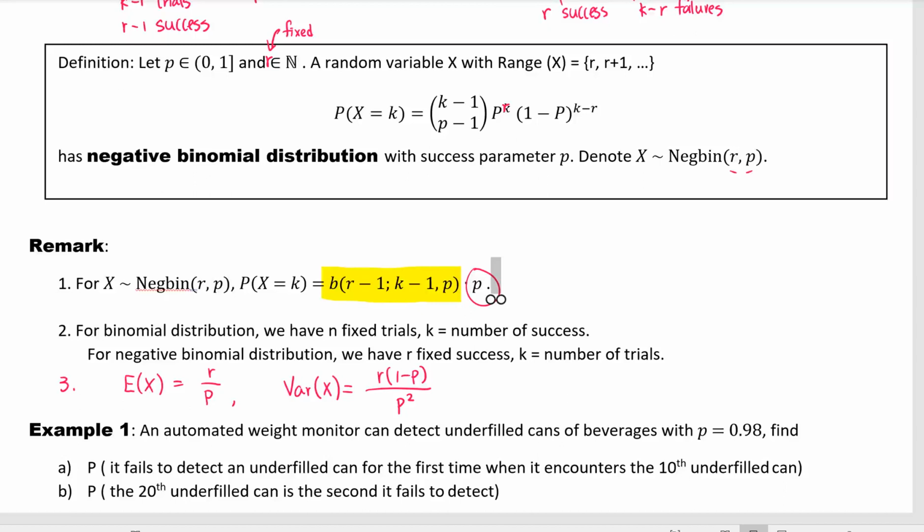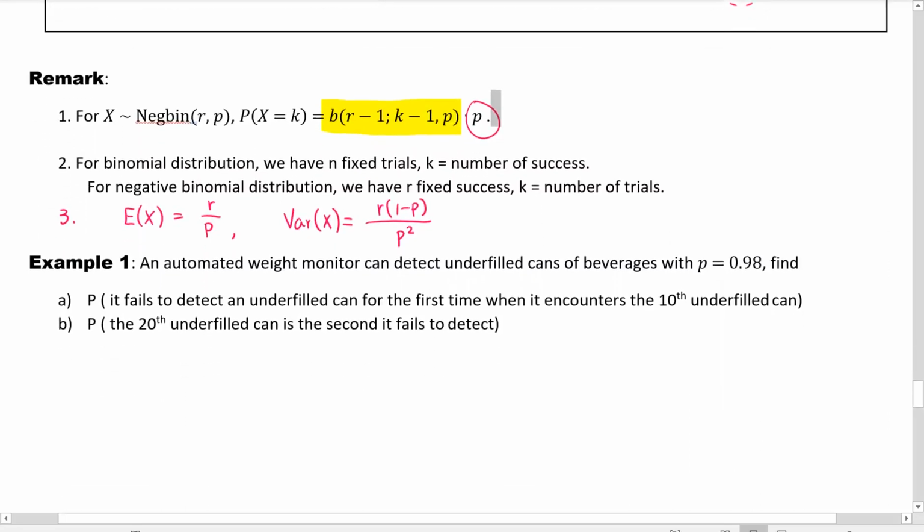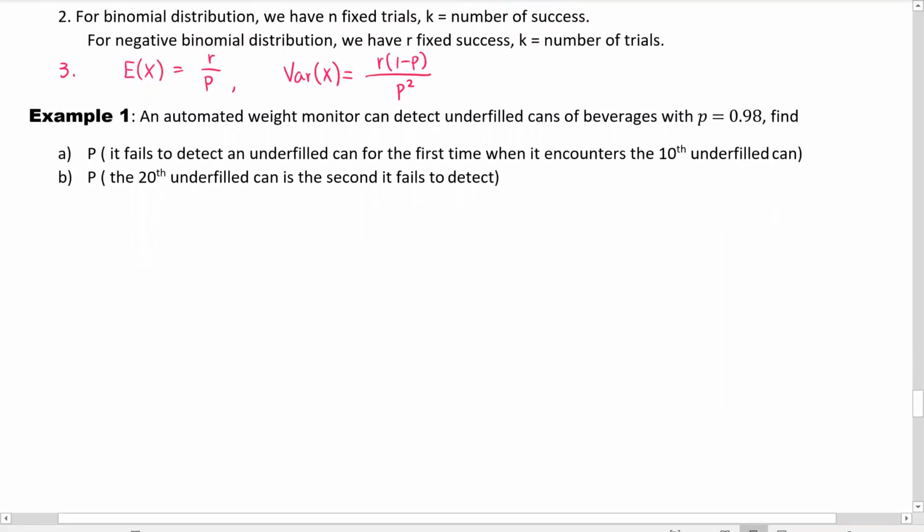We're not going to prove that. The formulas for the mean and variance of all the discrete distributions will be provided in the exam, so you don't need to memorize them. You just need to know how to distinguish the different distributions and then use the correct formula.